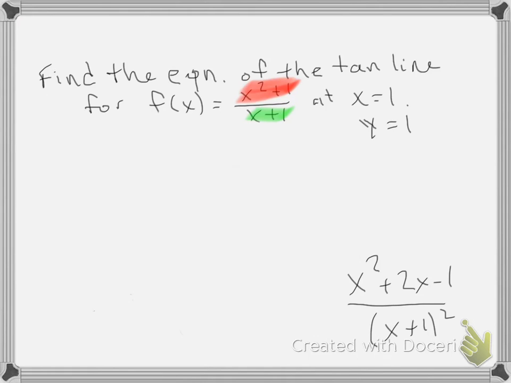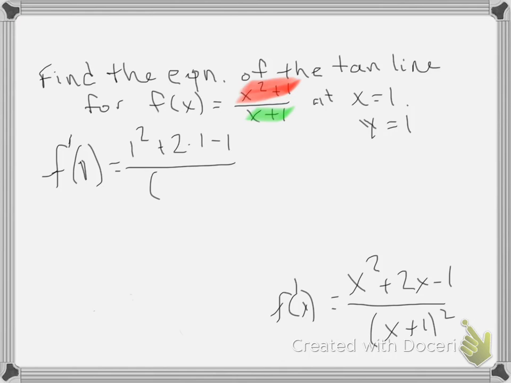Now, this is still equal to f prime of x. We'll just keep that down here. We're going to plug in 1, because that's where we want the tangent line. So when I plug 1 into the derivative, I'm going to have 1 squared plus 2 times 1 minus 1, all of that over the quantity 1 plus 1 squared.